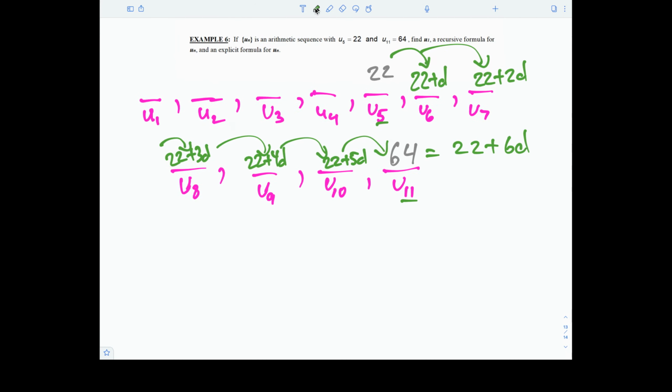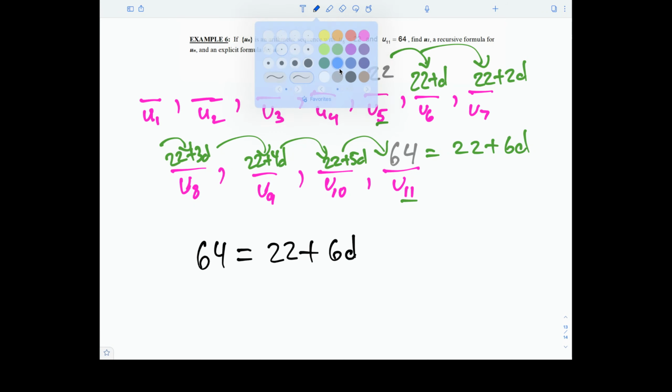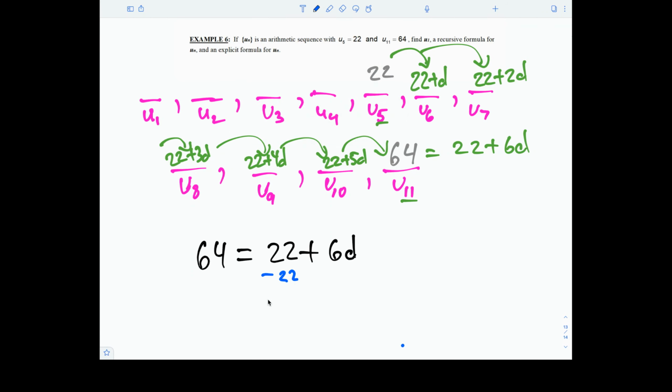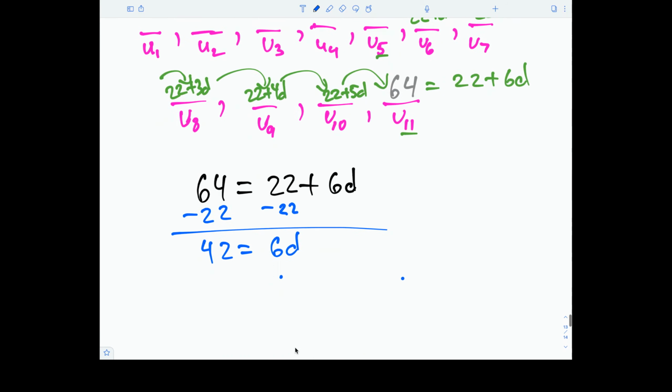Oh, look at that, we got an equation here. We can say 65 equals 22 plus 6d. And so now just subtract 22 from both sides. So 43 equals 6d. Word on the street is 6 times 7 is 42. So d is 7.